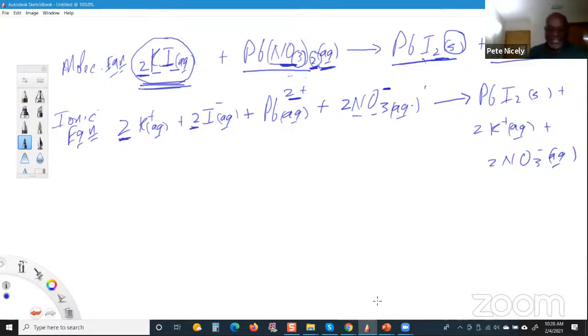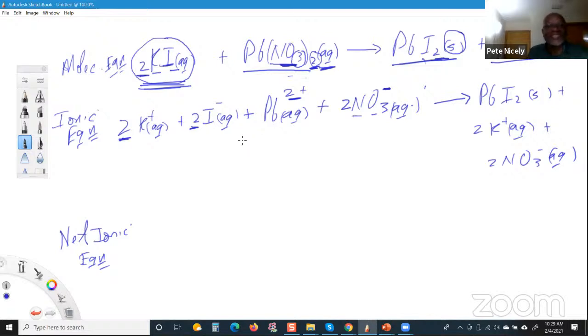So the next step is to determine the net ionic equation. All right? So how do we determine that? If you remember what we did when we looked at the net ionic equation for the neutralization reaction, we look for the common items on both sides of the equation.